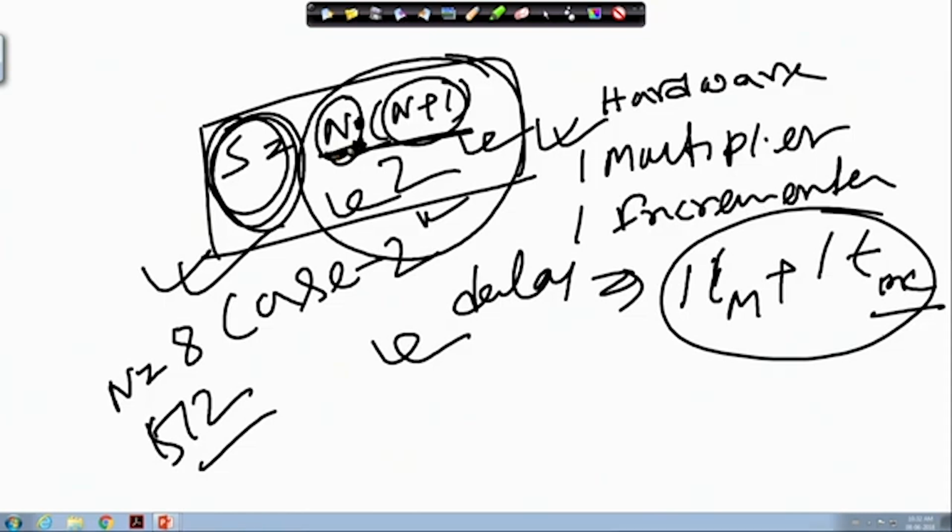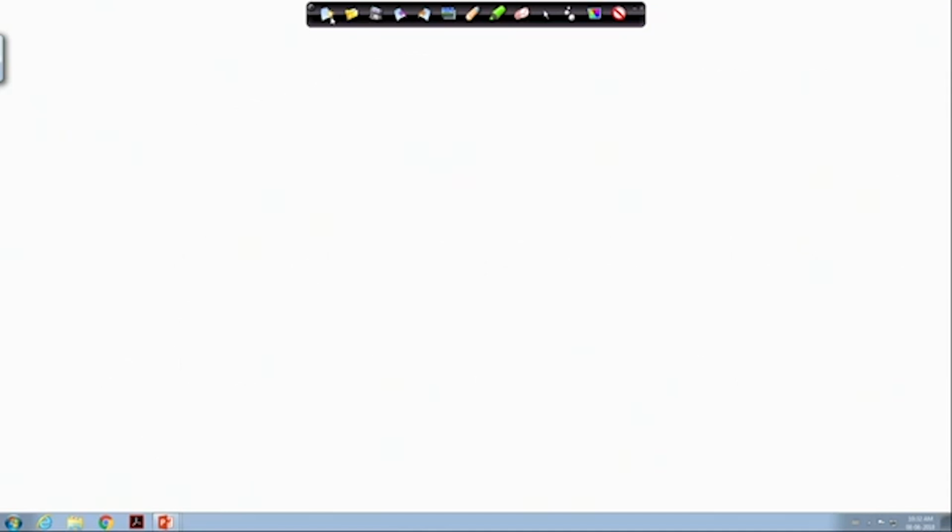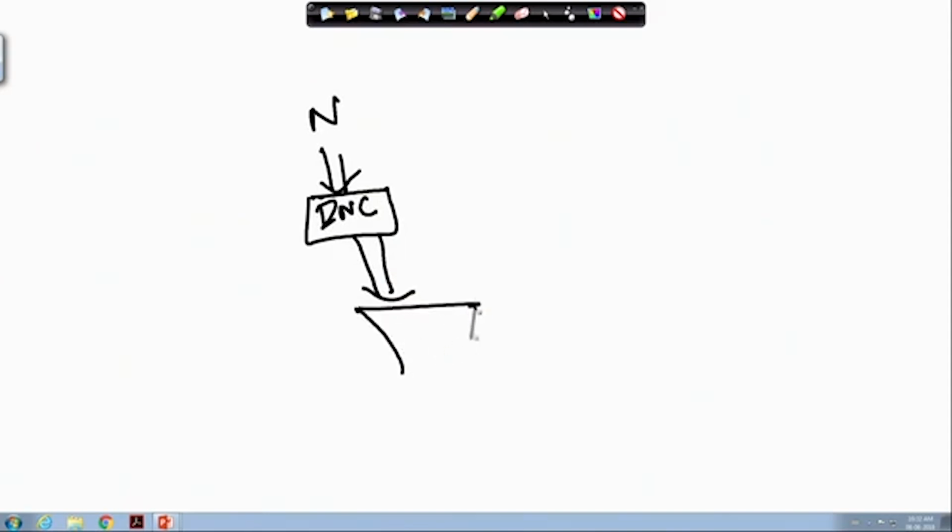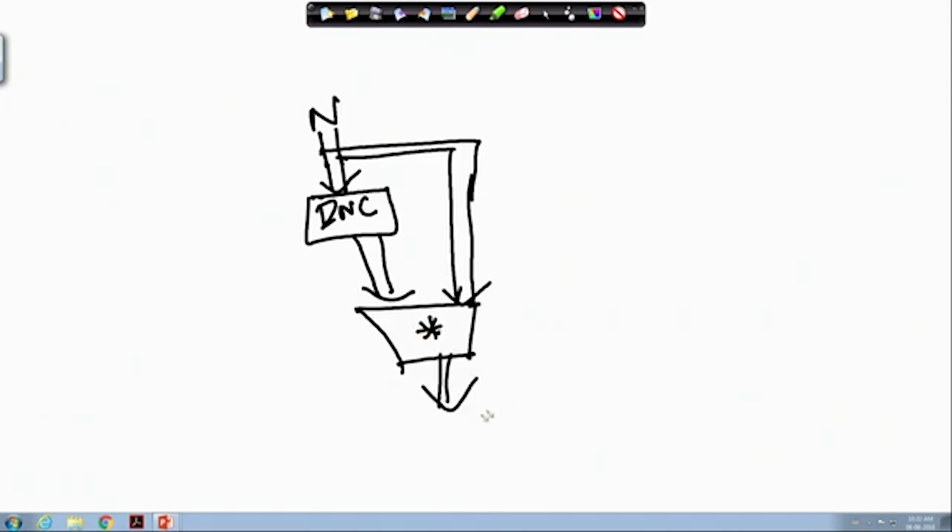If I just draw this, what do I require? I need to put this as n, this is the incrementer circuit, and that will come over here. This incrementer circuit is multiplied with this, so here I will get the corresponding sum.